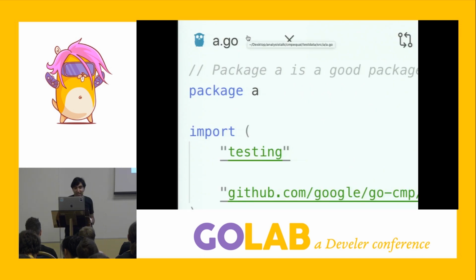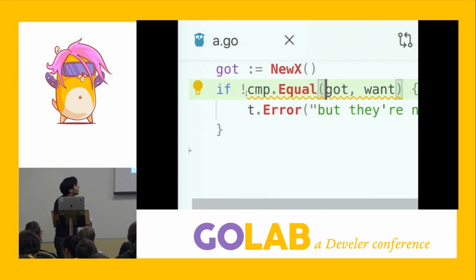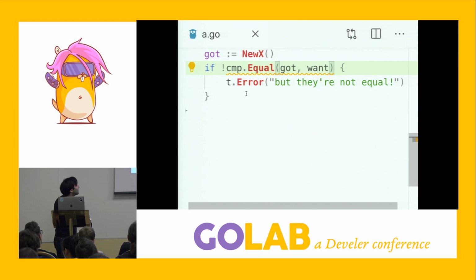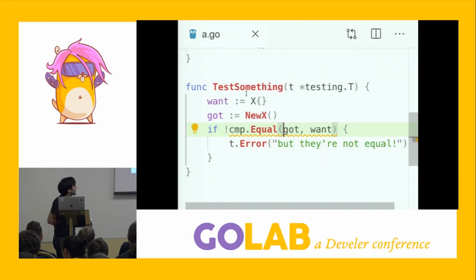Okay, so I've got the code that we were looking at earlier open in VS Code, and this is way too big. This is the same as what we were looking at earlier. I'm going to show you something else before I show you suggested fixes. This is where analyses become really useful.